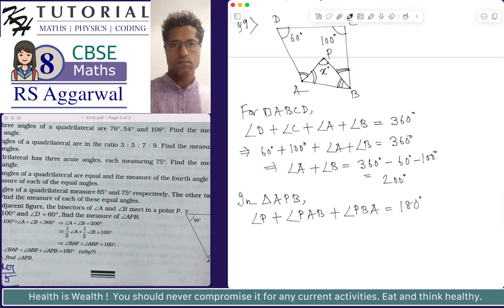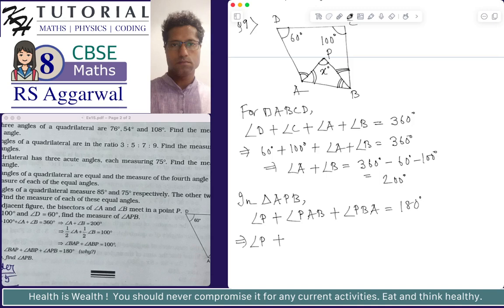Okay, now we need to find angle P. It is asking to find the angle APB, which is essentially the angle P in triangle APB.